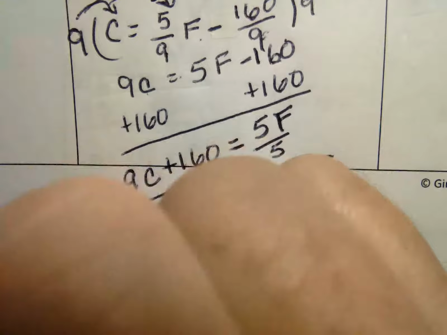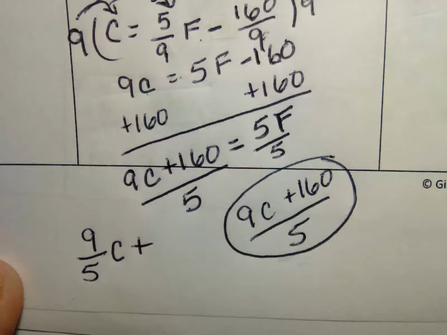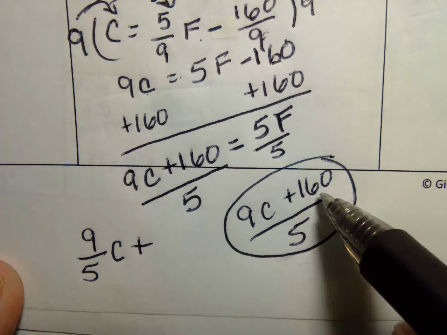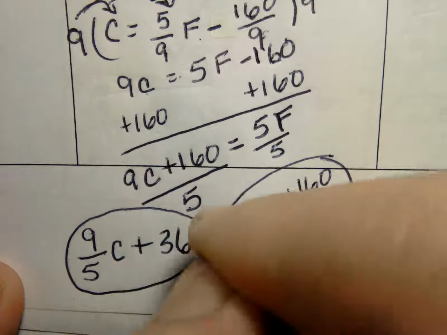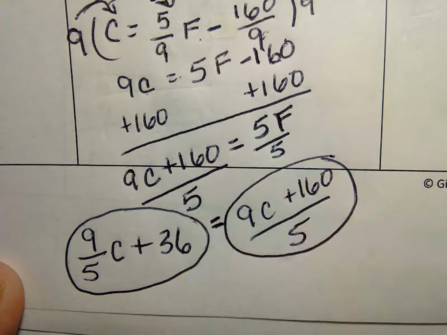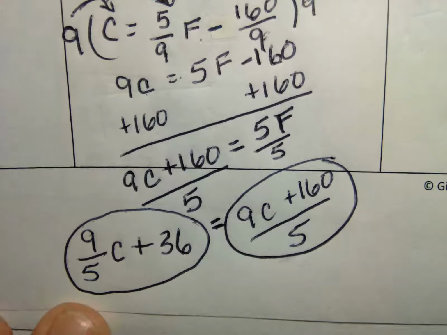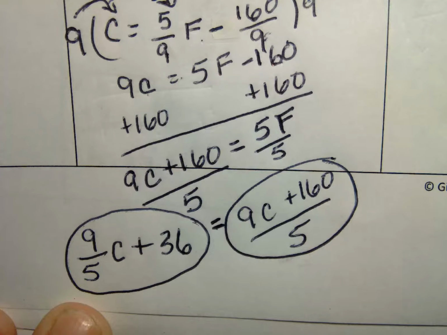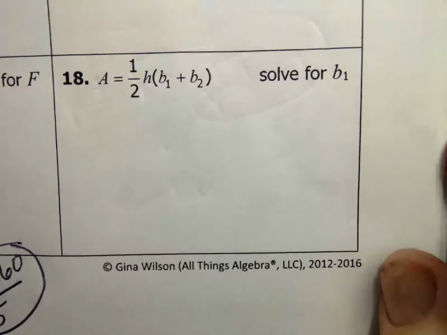Or you can say 9 over 5c plus 36. And again, these are equal. I don't care which way you go. Okay, one more, and we're going to do this slightly different.